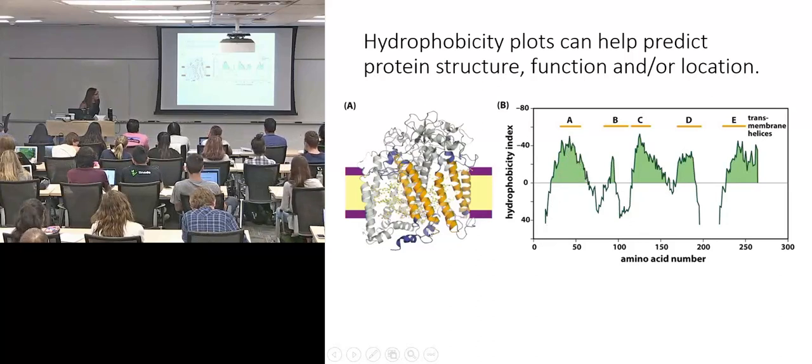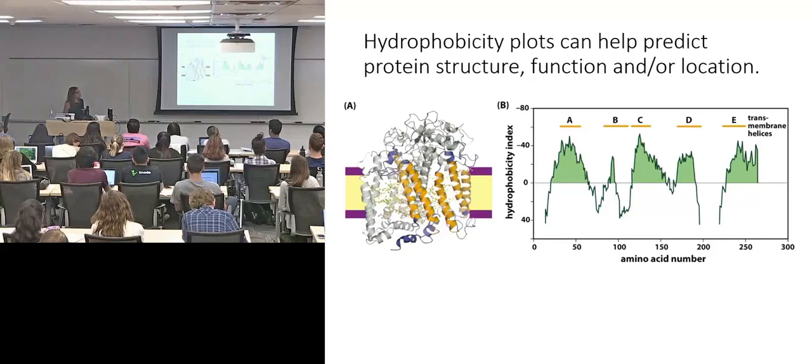Hydrophilic stuff's on the inside or outside of this membrane. The hydrophobic stuff is traversing the membrane. So in order to have a transmembrane segment, you probably need at least 20 amino acids in a row. You need them to be sufficiently hydrophobic, okay? Stuff that's kind of bouncing around here wouldn't make sense as a transmembrane segment.